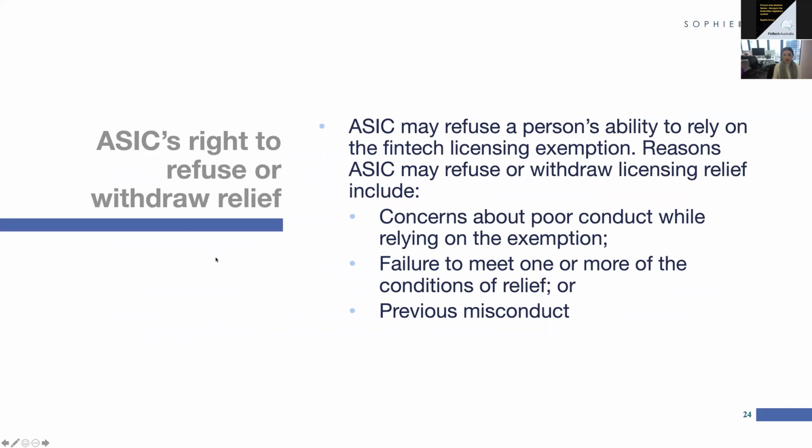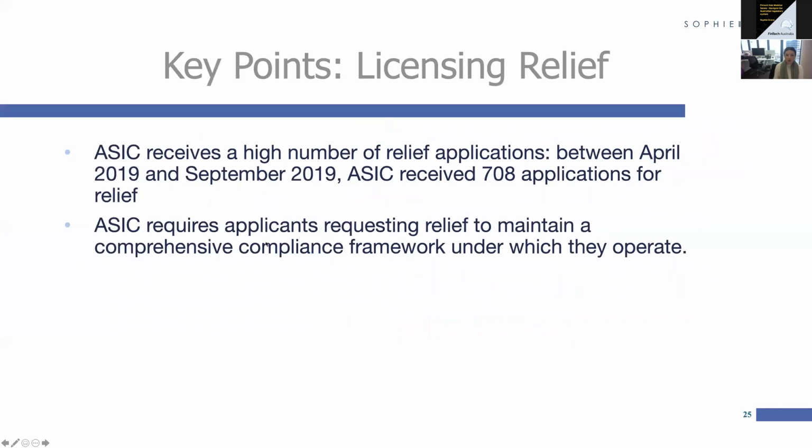ASIC obviously has the right to refuse a person's ability to rely on the FinTech licensing exemption, and reasons that they may refuse or withdraw relief can include concerns about poor conduct when relying on the exemption, failure to meet one or more of the conditions of relief, or previous misconduct. Key points are ASIC receives a high number of relief applications.